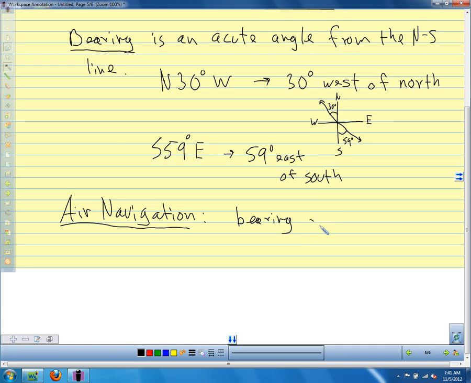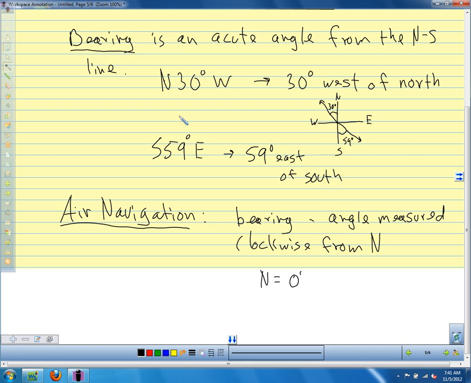Clockwise. Okay. So in air navigation, our angle is measured clockwise from north, with north being 0 degrees. So that's the difference between air navigation and bearing in sea navigation or surveying.